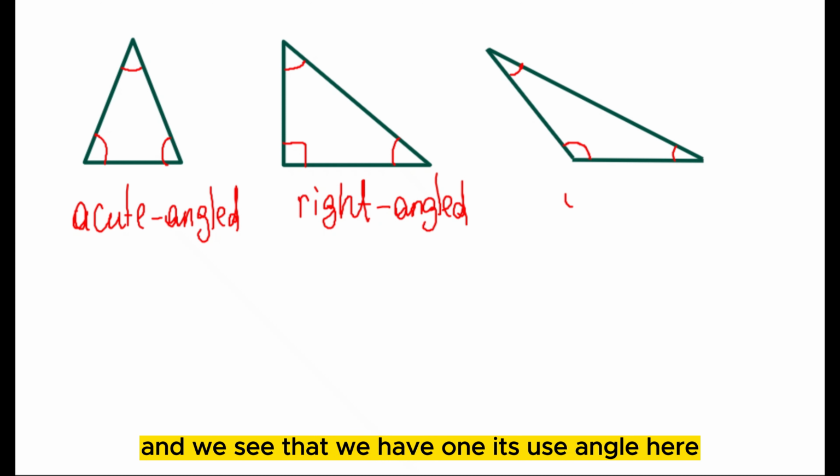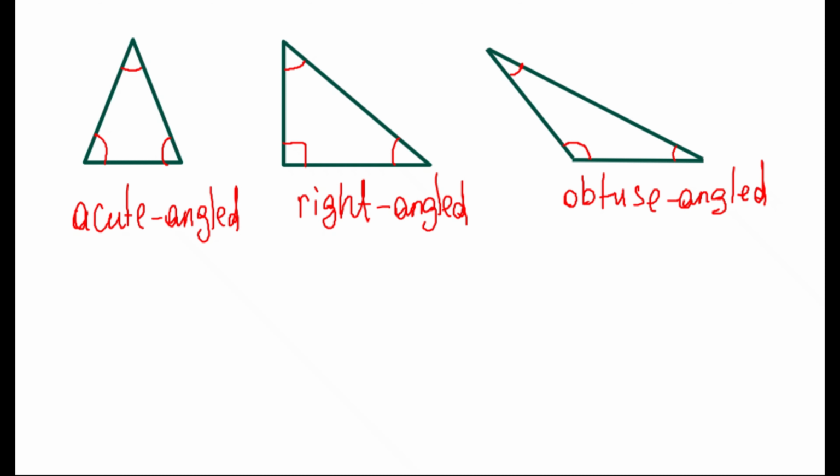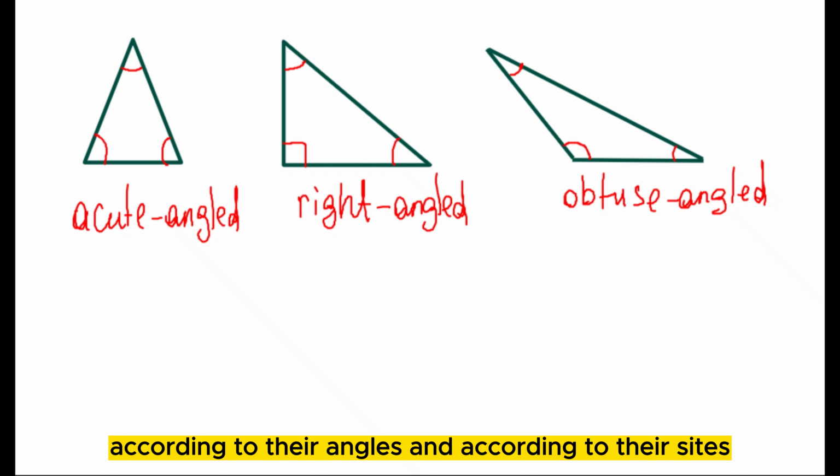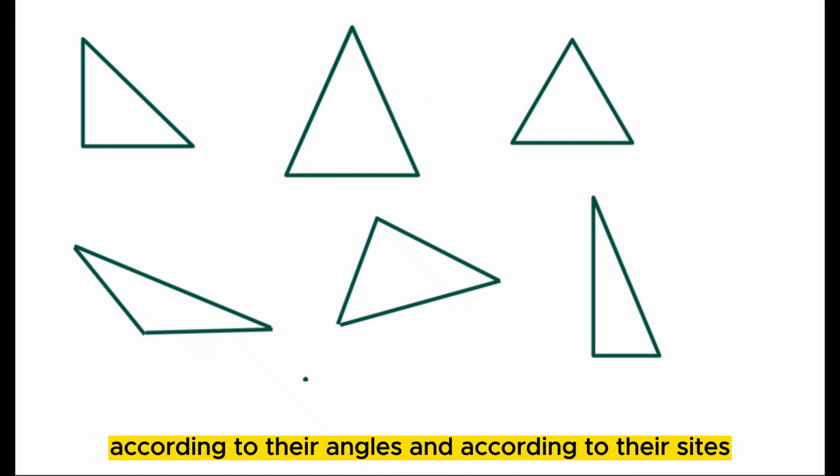And we see that we have one obtuse angle here, that is called an obtuse angled triangle. So any triangle can have two names according to their angles and according to their sides.